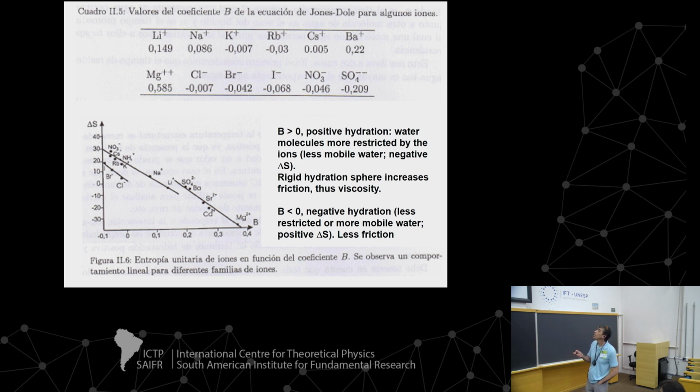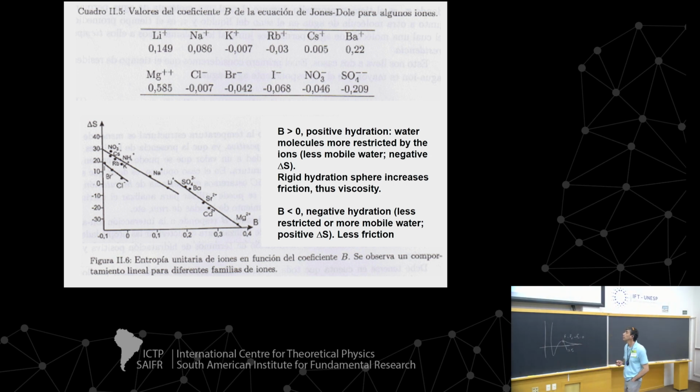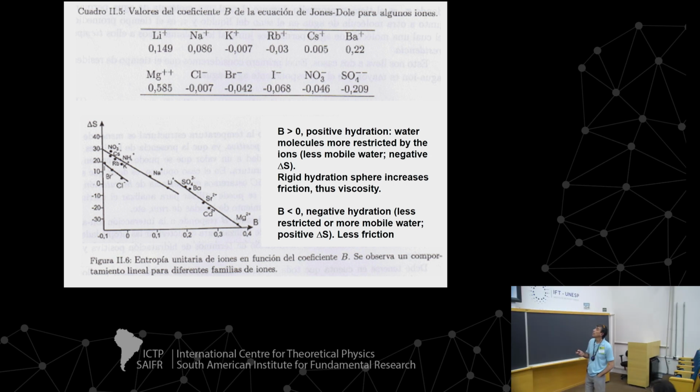If the ions are very hydrated, you have B values higher than 0, but if they are not hydrated in an important manner, you are going to have very low, negative values of B. If you compare lithium to sodium or potassium, you see that lithium has the highest value.